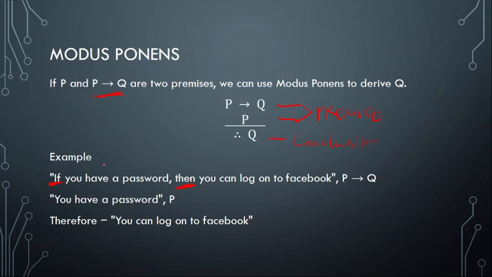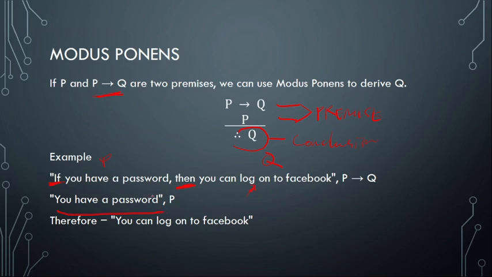So, if you have a password, so this is P, then you can log on to Facebook, this is Q. Then, since proposition P is you have a password. So, P lang siya. Therefore, ang conclusion, Q man, you can log on to Facebook.